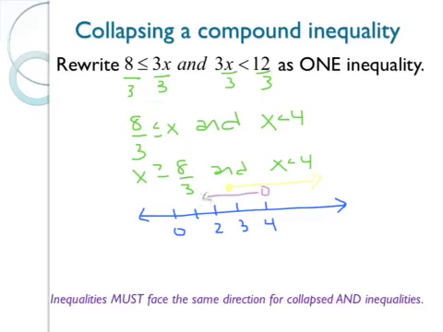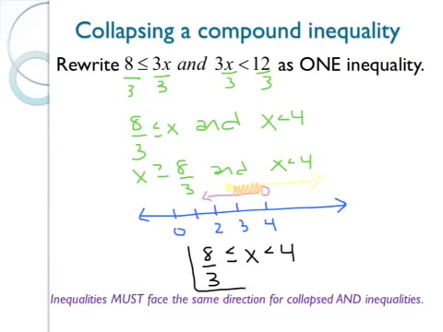And since it's and, I want all the values that are actually in common. So that's going to be all of these values here. So, since I'm between those values, x lives between the values. So I can actually write x is between 8/3 and 4.